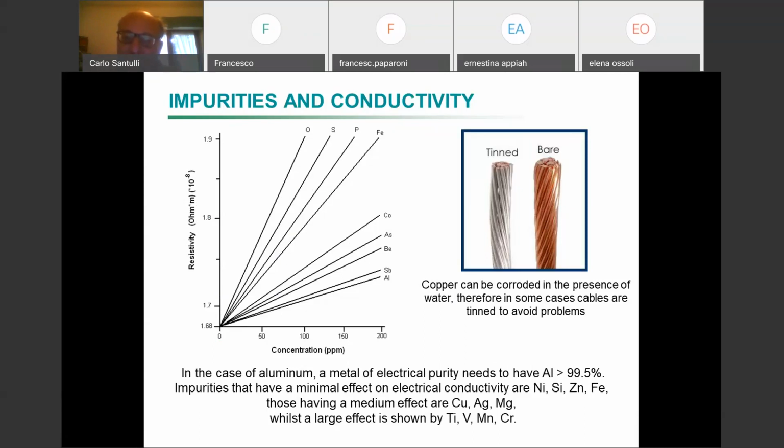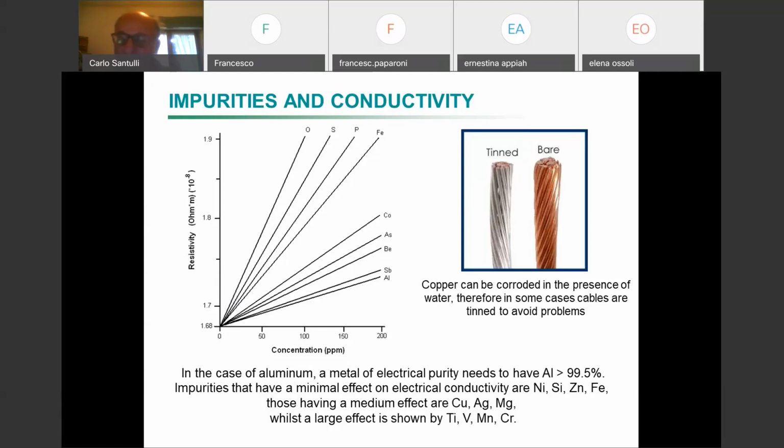Because what happens in practice, copper doesn't suffer corrosion unless there is water. If there is water, and even worse, salt water, at sea, in some cases other materials are also used for creating cables.